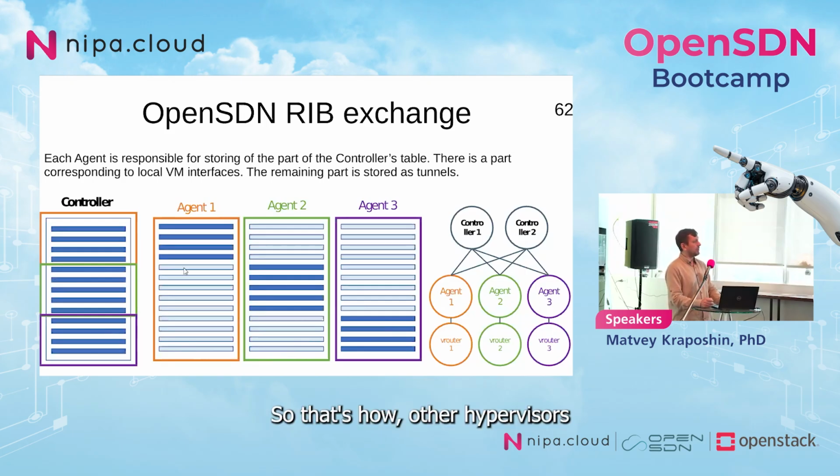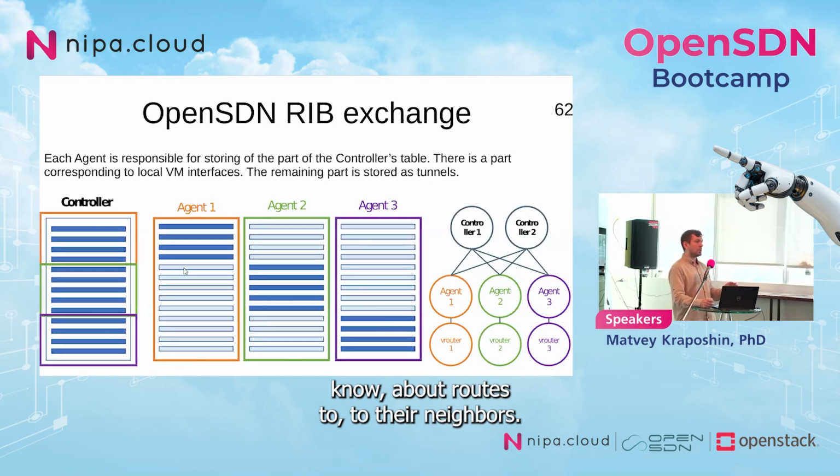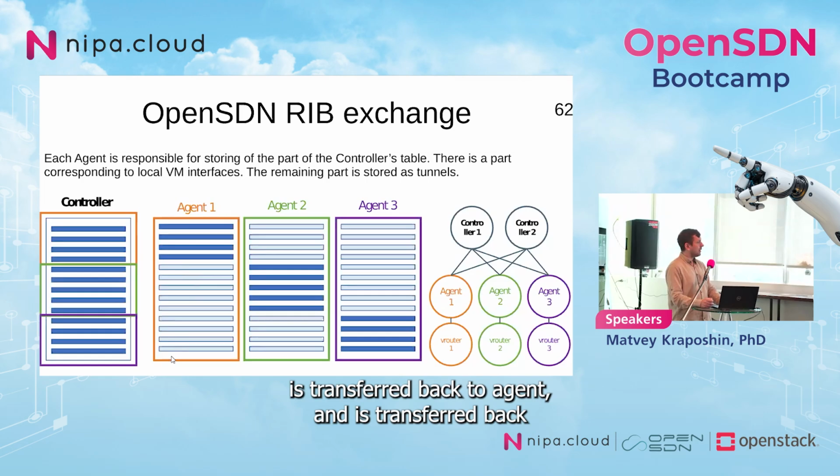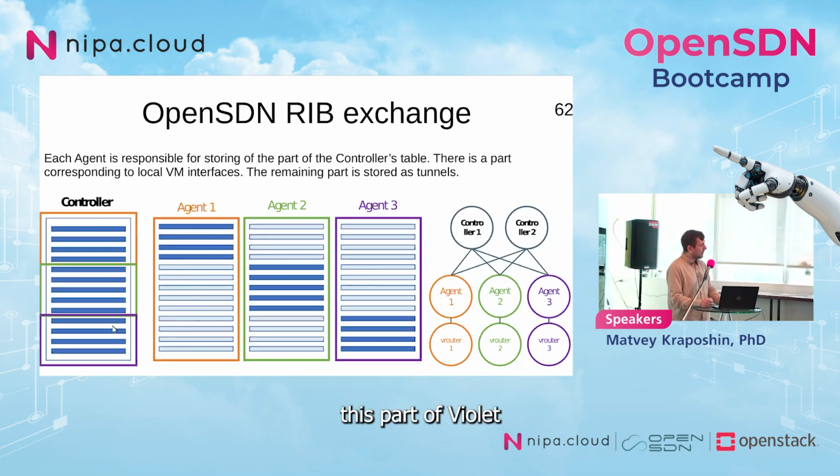That's how other hypervisors know about routes to their neighbors. So this part of the green hypervisor on controller is transferred back to the orange agent and to the violet agent. And for example, this part of the violet hypervisor RIB is transferred from controller to the table on the orange hypervisor and to the table on the green hypervisor.